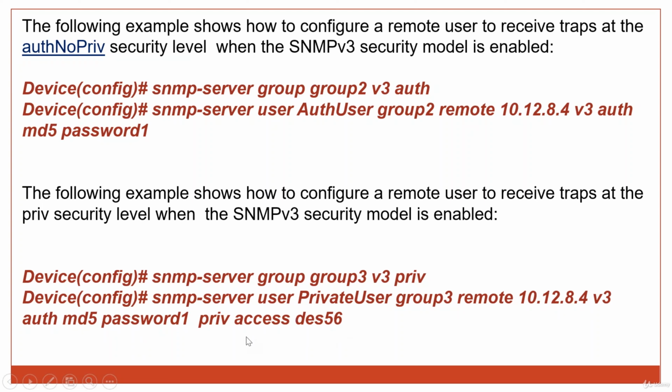We know that the encryption we are using is 56 bits of encryption with the DES algorithm. Okay, so here you can see that it includes everything, auth and priv. You have the authentication, so here you can see auth MD5 password, and then you have the encryption as well, like priv access for this particular user, that is the private user.